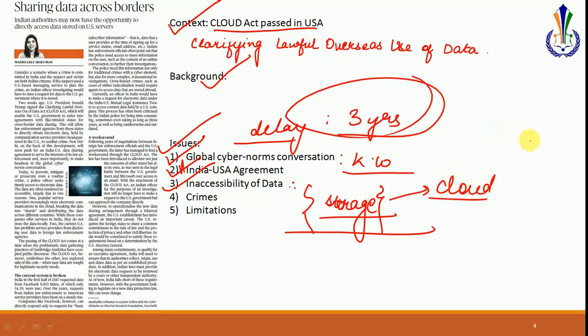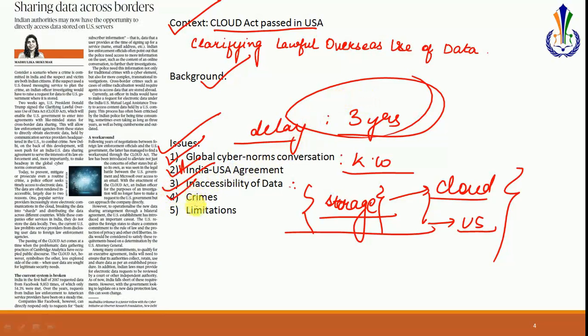And this cloud storage of data is somehow not locally located, and as a result of which it becomes difficult to get access to this particular data. Another thing is that the US laws prohibit the sharing of this data, and as a result of which it was very much difficult, and getting this data was something that was inaccessible. So in this context, this particular law is somehow important.